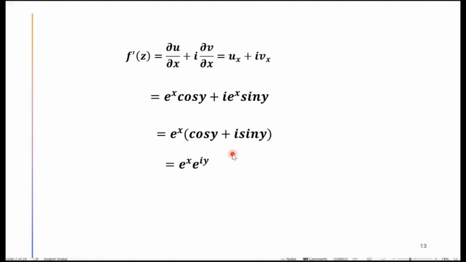Now again, cos theta plus i sin theta is e raised to i theta. Just the back procedure of what we did in the beginning. So e raised to x into e raised to iy, combining these two steps to e raised to x plus iy, which is equal to e raised to z.